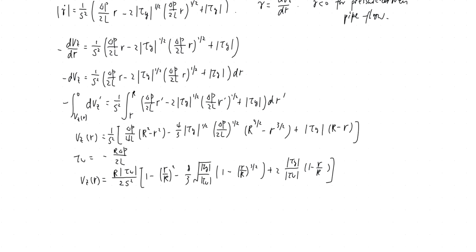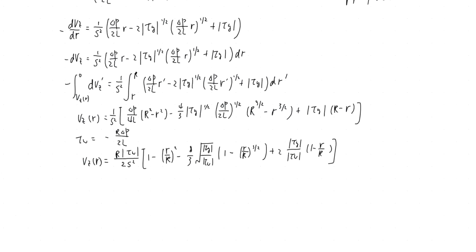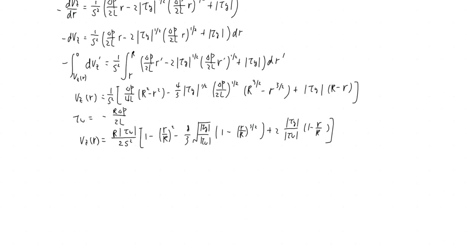That is the velocity profile for a Casson fluid in a cylindrical pipe. It looks long, but we need to make sure that this is only valid for r greater than r critical.